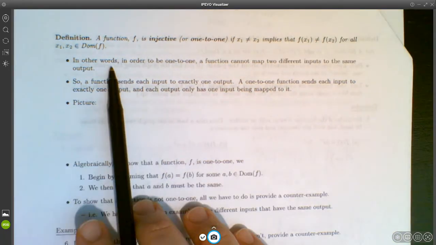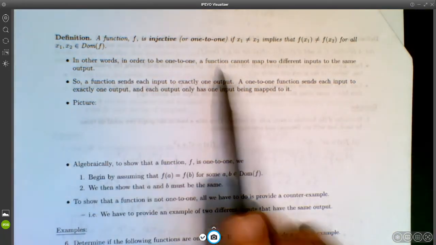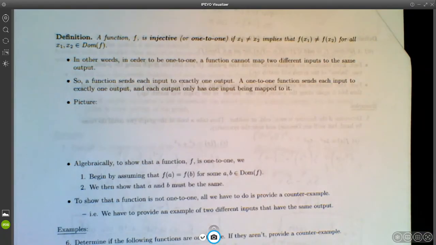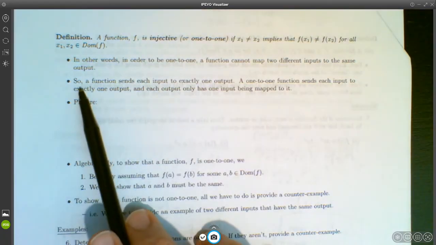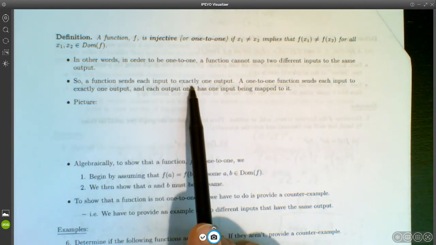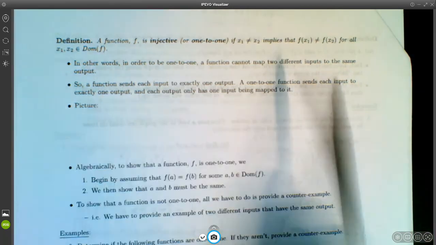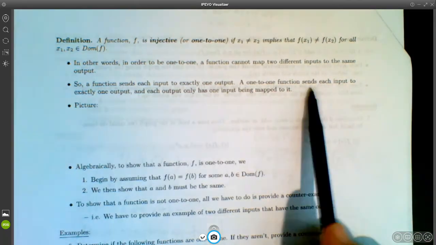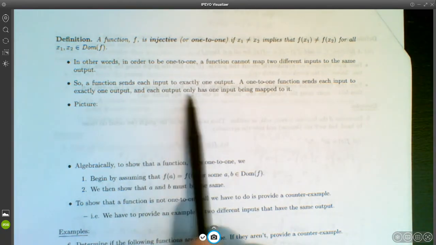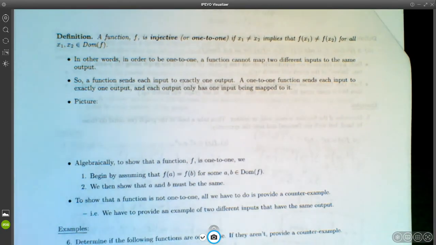Okay, to put it another way, in order to be one-to-one, a function cannot map two different inputs to the same output. So a function sends each input to exactly one output, right? That's just a function in general. A one-to-one function sends each input to exactly one output, and each output only has one input being mapped to it.